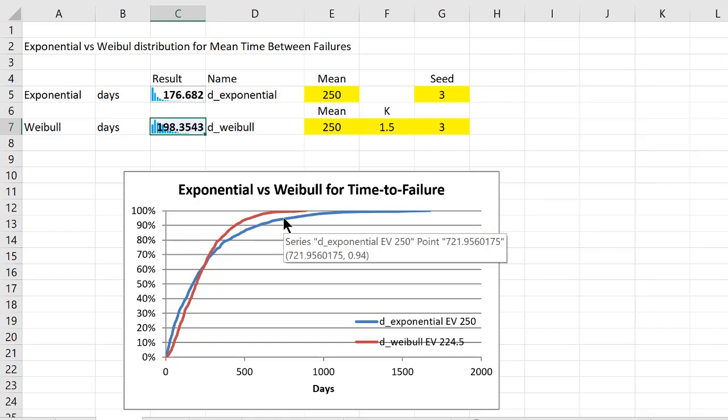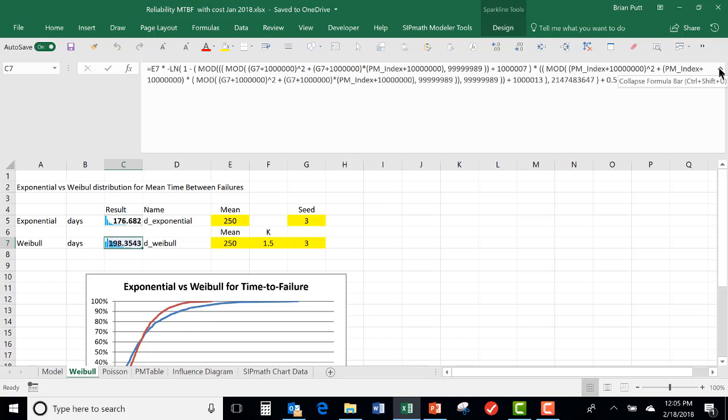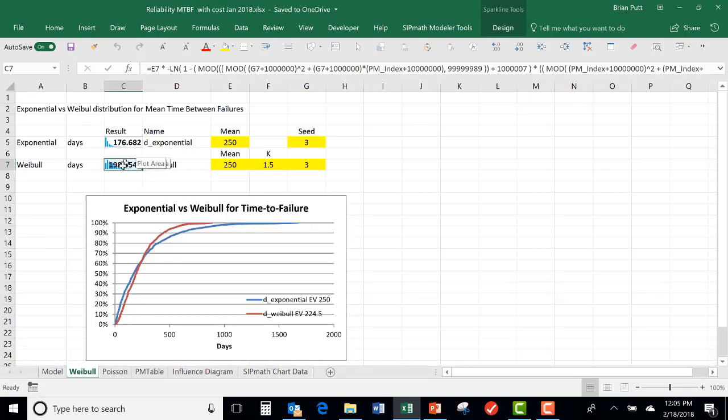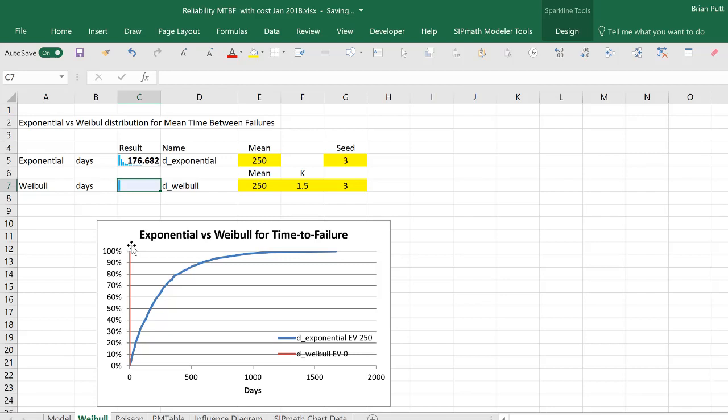So let me just demonstrate something. Let me redo this distribution for you. You can see this is a long equation here, but we don't actually program that. SIPmath is going to do that for us. Let me just get rid of that, and you can see the distribution went to 0 because it's being recalculated over time.